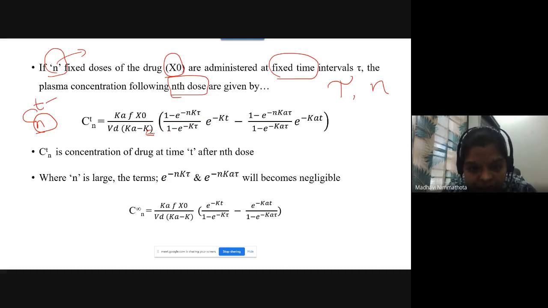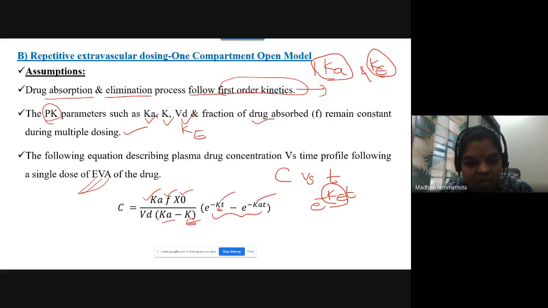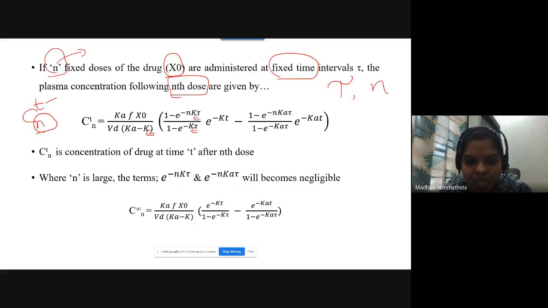Here the K I am talking about is nothing but Ke, elimination. In the previous equation we had directly e to the power of minus Ket, but here we have 1 minus e to the power of minus n into Ke tau. Here we are considering dosing intervals, and we are taking fixed doses at fixed time intervals.